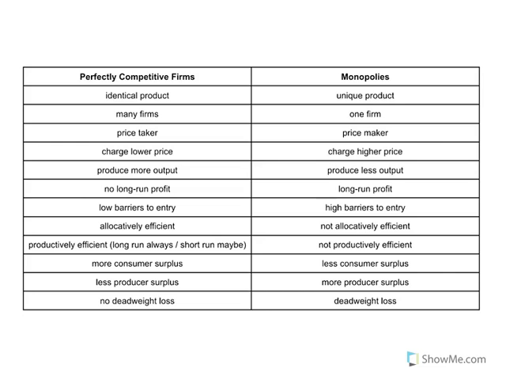There's less producer surplus in perfect competition, but more so in monopolies because the price in monopoly is higher. And finally, as we saw on the graph, there's no deadweight loss in perfect competition, but there is deadweight loss in monopolies because a monopoly is not allocatively efficient. They do not set price equal to marginal cost.